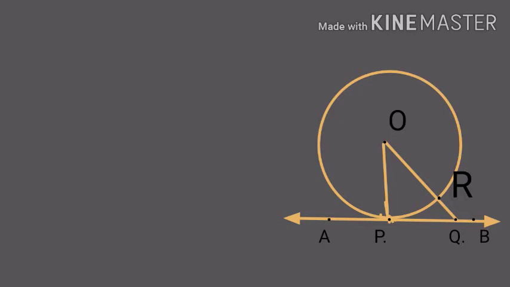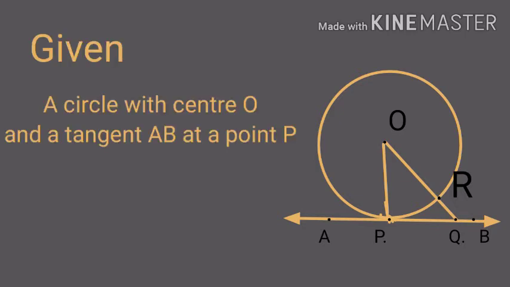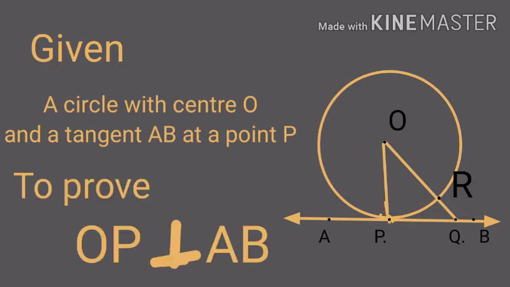According to the statement, it is given a circle with center O and a tangent AB at a point P. And we have to prove OP perpendicular to AB. To prove this, we have to do one additional construction.